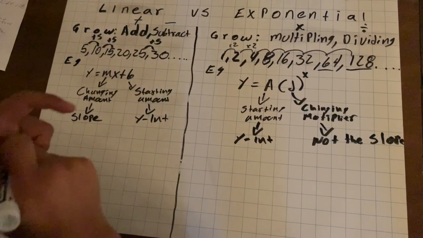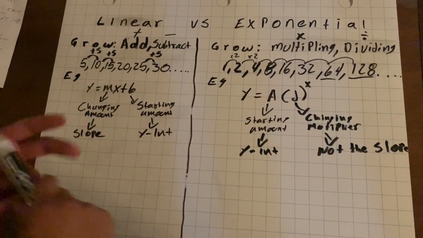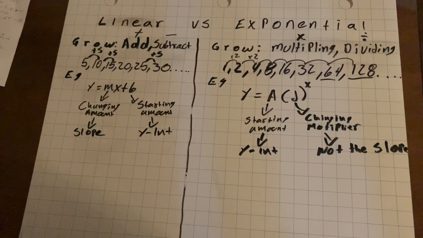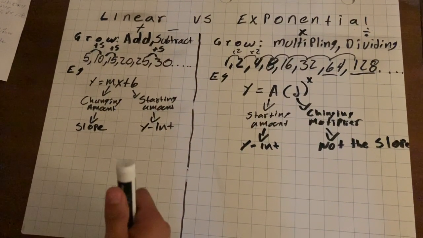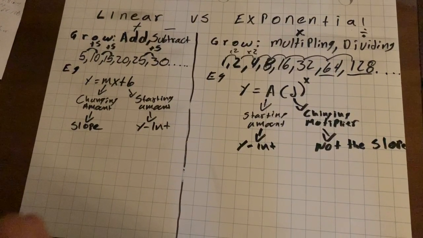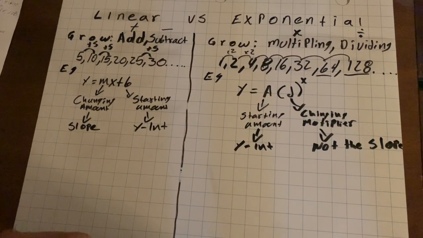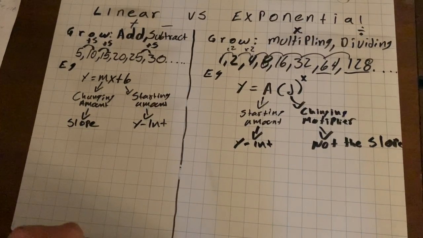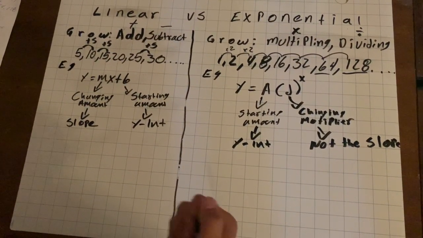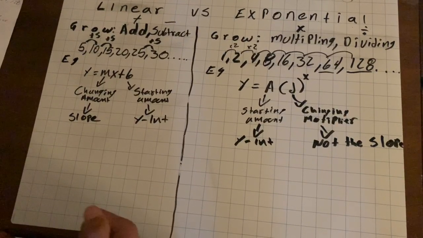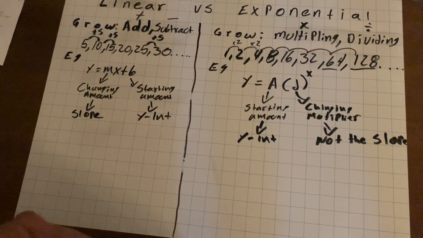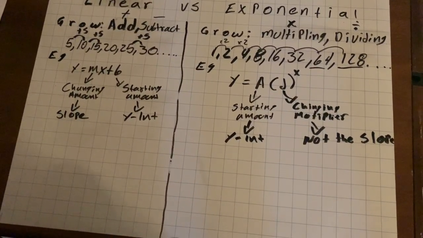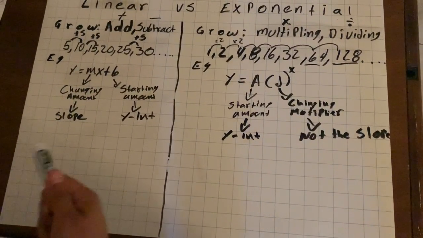In linear, the growth is adding and subtracting, so make sure you remember that it's going to be adding every time, or subtracting. The equation for that is mx plus b. Remember that m is the changing amount, or the slope, and b is the starting amount, and your y-intercept. So your b will be 5, and the m will be plus 5 because you're going by 5, and it will be your slope.